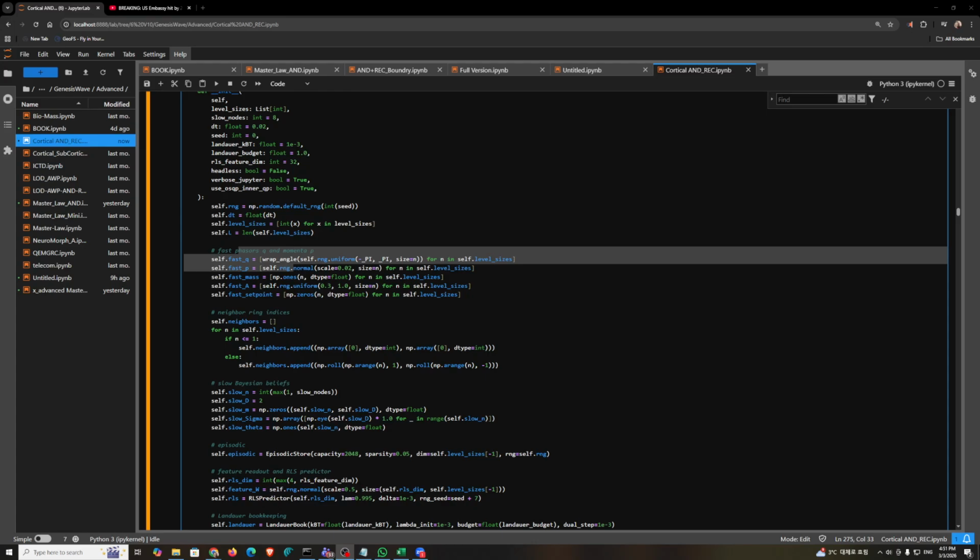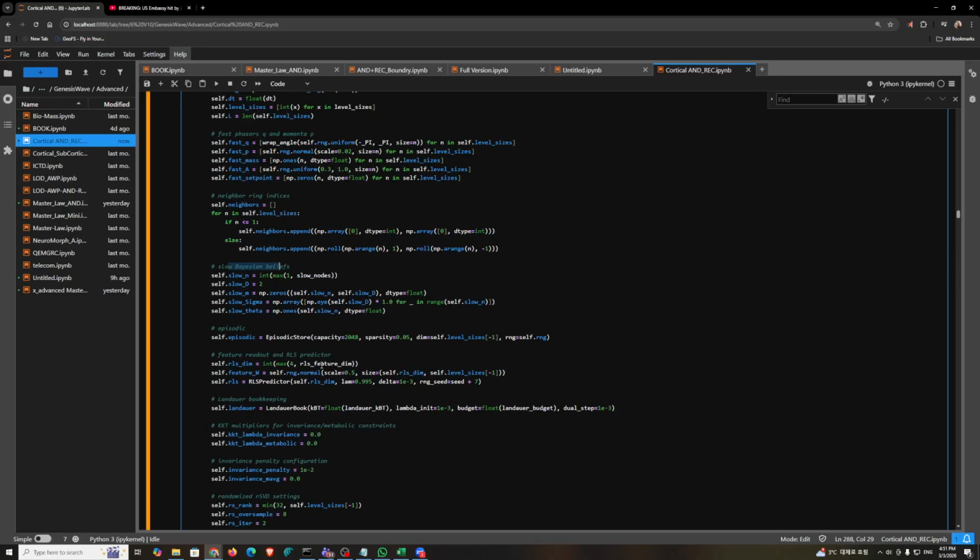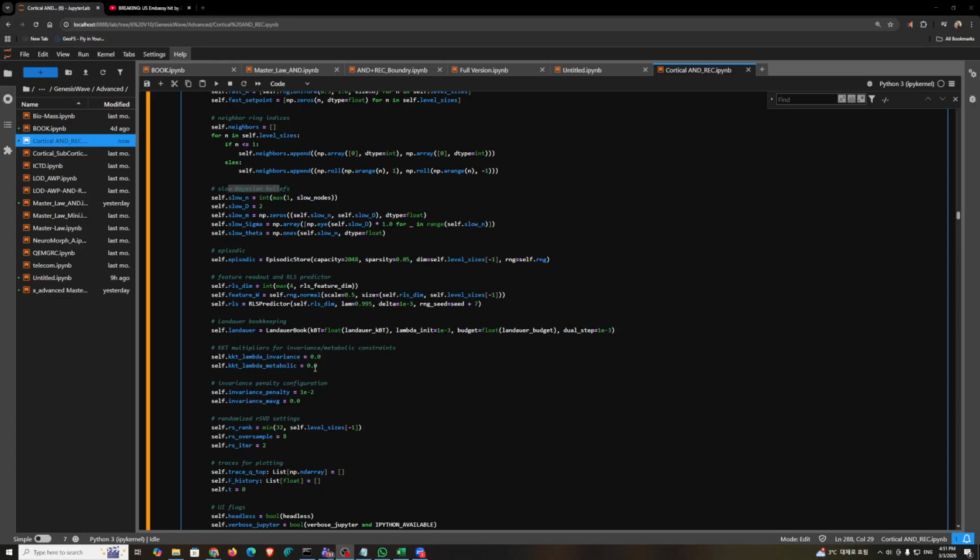Then it also initializes the slow Bayesian beliefs, their means and covariance matrices, and the episodic store, and the RLS predictor, and the Landauer book. The episodic store, the RLS predictor, and the Landauer bookkeeping all have to be set up.